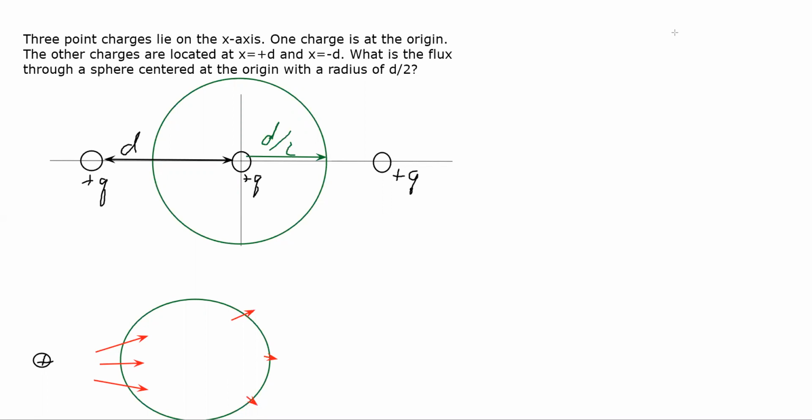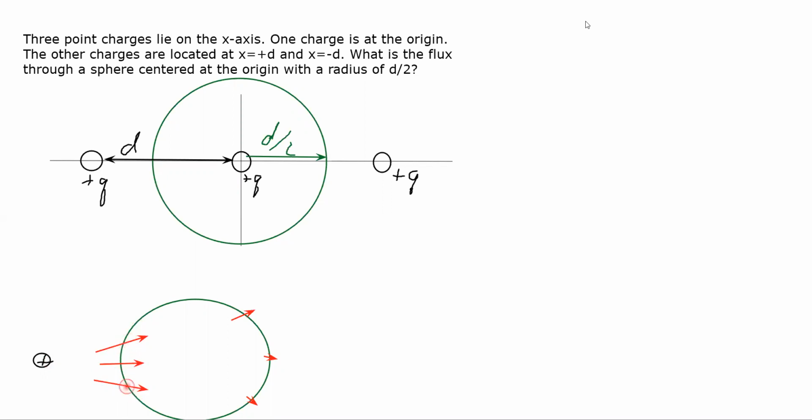All right, so what's happening here with this flux? So you have a whole bunch of flux going into the surface. Now, that flux going into the surface, right here, electric field going into the surface, would actually be pretty hard to calculate, right? Because not only is it non-constant, because you're getting further and further away from the charge, so the electric field here is not constant, the angle is not staying the same.